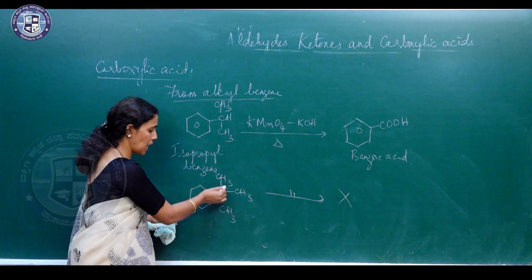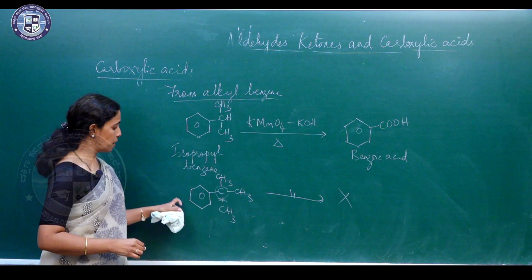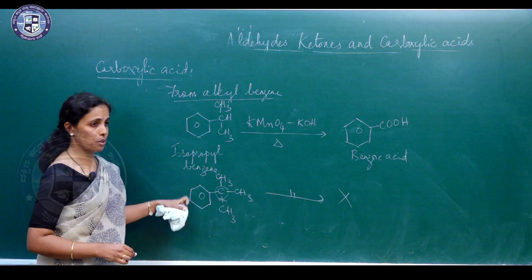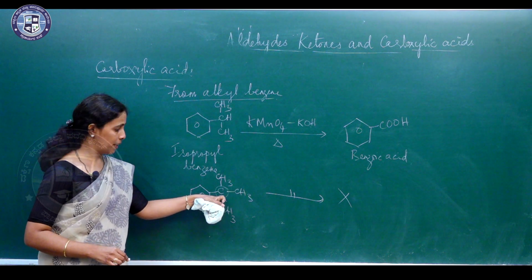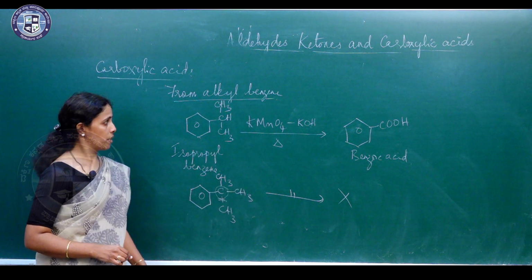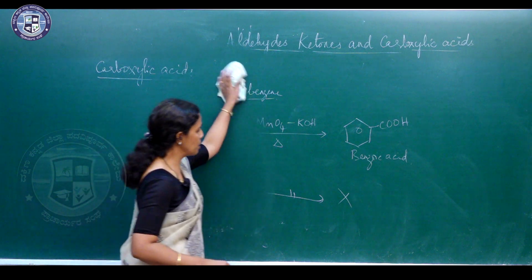That is because this carbon atom has no hydrogen atom to get oxidized. In tertiary alkyl benzene, this reaction is not seen because it does not have a hydrogen atom attached to it to undergo oxidation. So, this is about the preparation from alkyl benzenes.